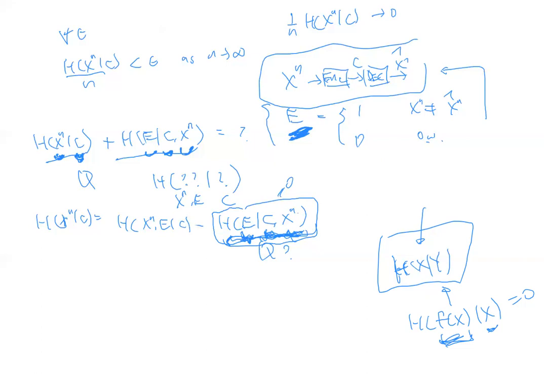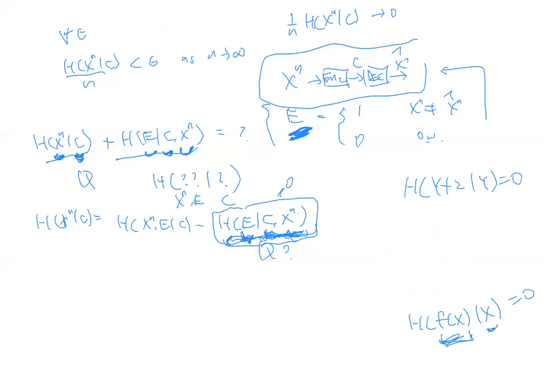For example, I can have H(Y plus 2 given Y), and this will be equal to 0. Consider Y plus 2 is some random variable as well, right? Let's say Z is equal to Y plus 2. If Y is random, Z is random as well.